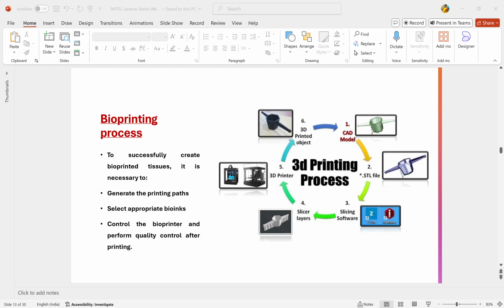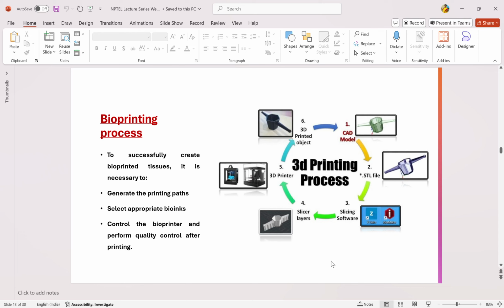We talked about it in the last class. No, not silicon. It's peptide ink we were talking about. So that is also a type of bio ink which could be used for your 3D bioprinting.